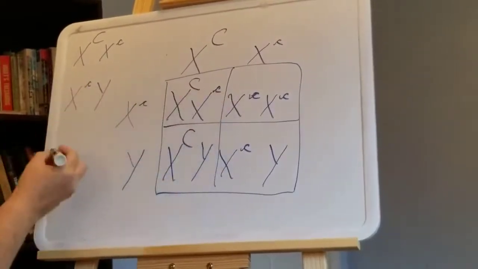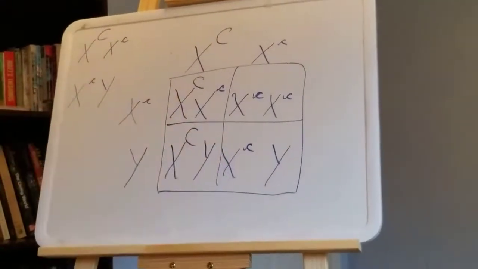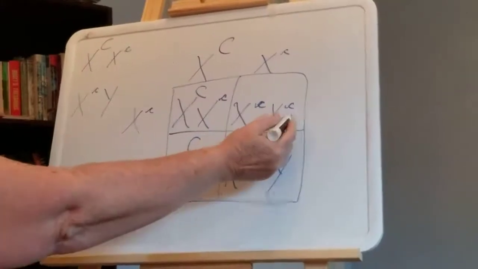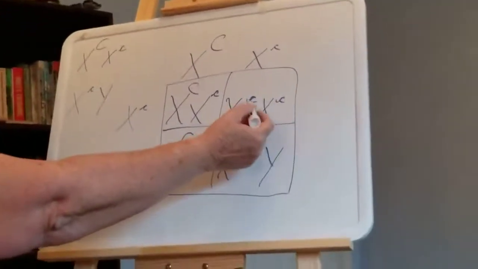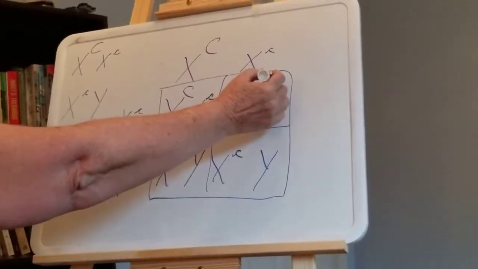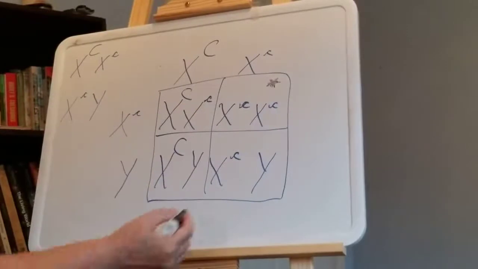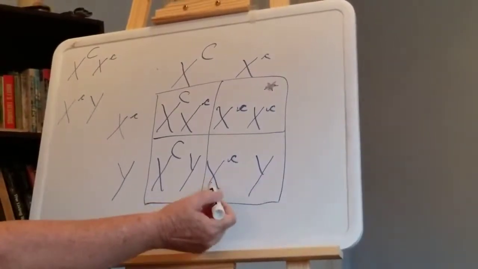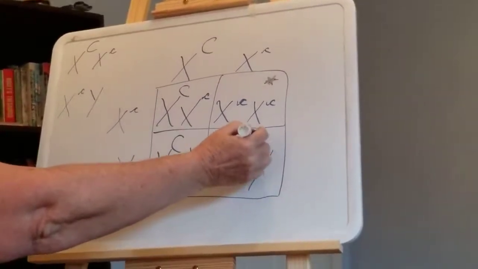So you can word it a couple of different ways. You could say that this individual is a female, has 2 X chromosomes, has 2 of the lowercase c's, so this individual is going to be colorblind. This individual, it's a male, XY. The X chromosome has a lowercase c on it and will be colorblind.